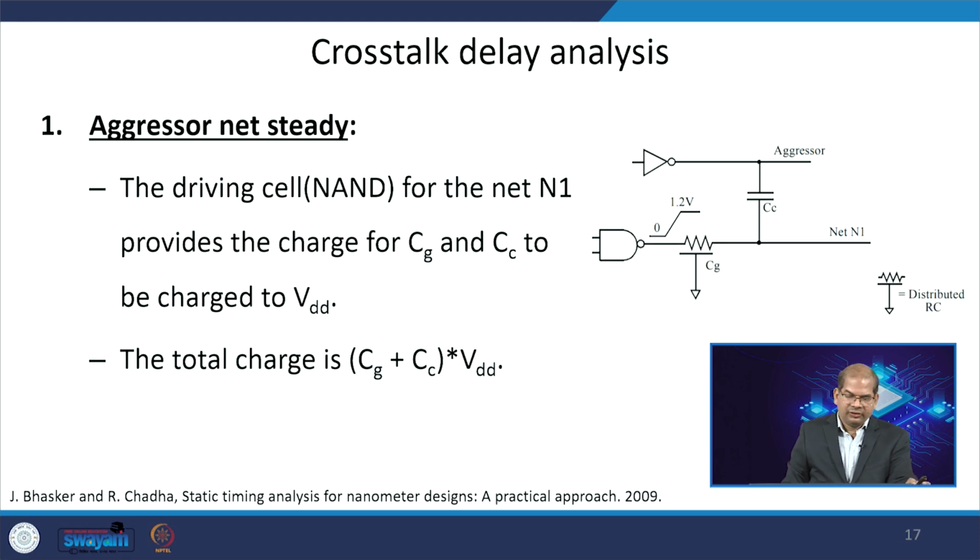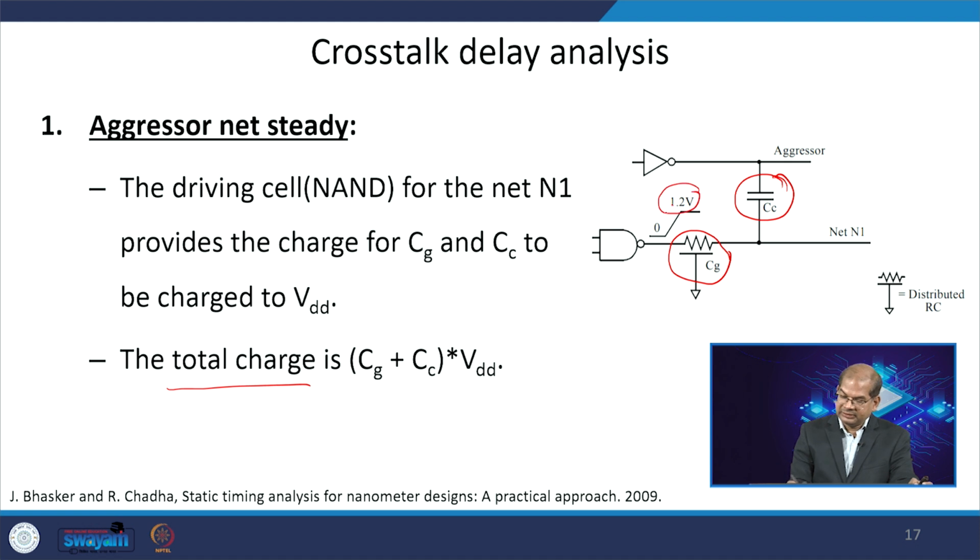If your aggressor net is steady, we have two capacitors here: one is the coupling capacitor and the other is the capacitor of the victim net. These need to be charged to VDD.